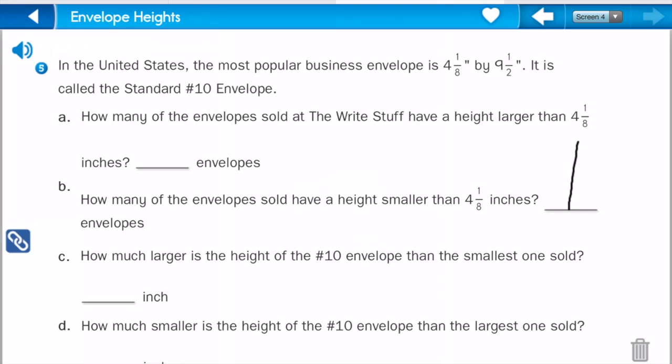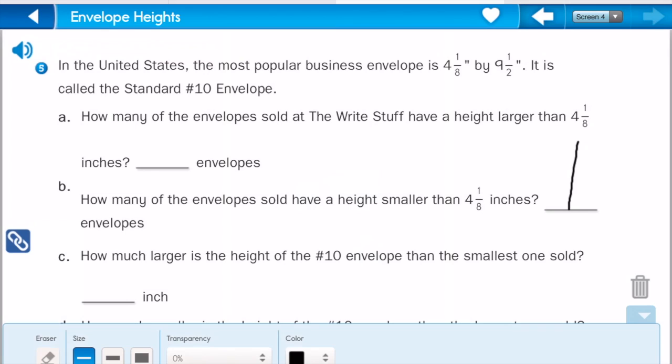All right. So how many of the envelopes sold at the Right Stuff have a height larger than 4 1/8? And then they want to know if it's smaller than 4 1/8. So let's look at those.